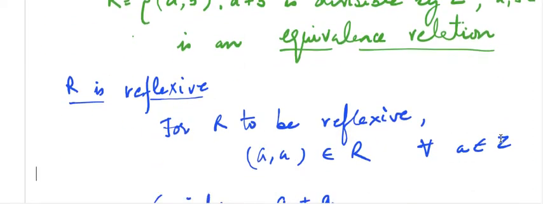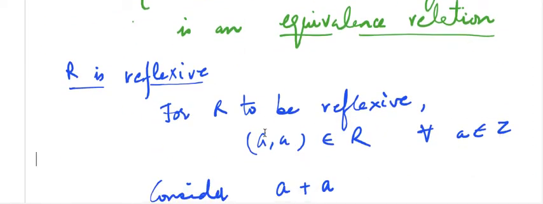By the definition of reflexive relation, for R to be reflexive, (a, a) belongs to R for all a belonging to Z. Ordered pairs of the type (a, a) should belong to R for every a belonging to the set of integers. So how do we check that?